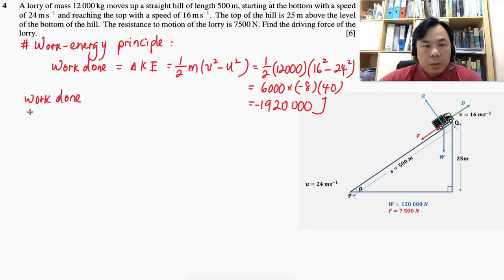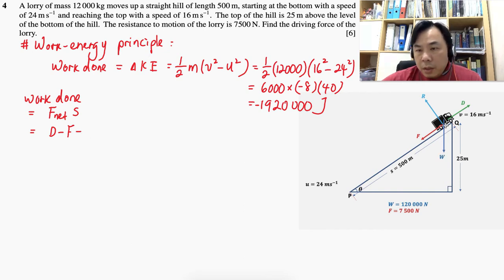So work done is basically given by the resultant force multiplied by the distance travelled along the direction of the resultant force. And then the resultant force that we have here is given by D minus F, which is the frictional force. And at the same time, there is also work done to overcome gravity.